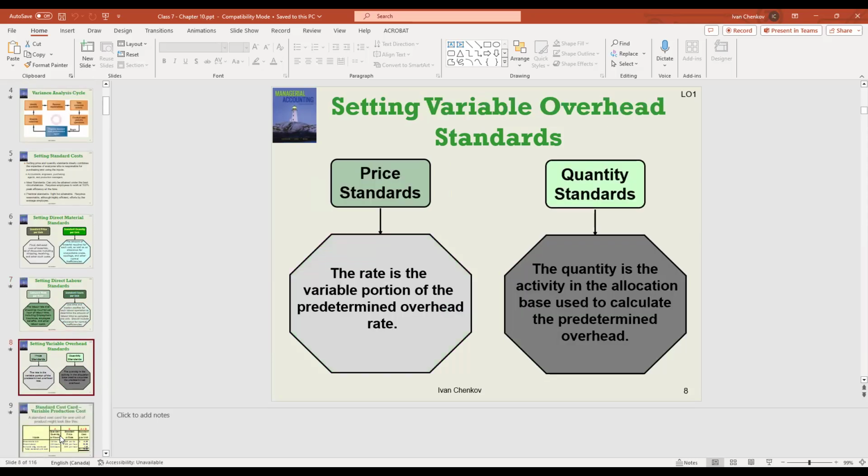Now let's see what the standard will be for the variable overhead. We're going to have price standards and quantity standards. The price standard will be the rate of the variable overhead portion of the predetermined overhead rate, and the quantity will be the usage of the activity of the allocation base, which is used to calculate the predetermined overhead rate.